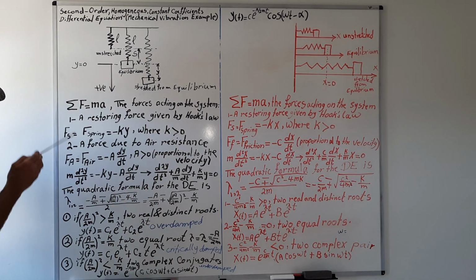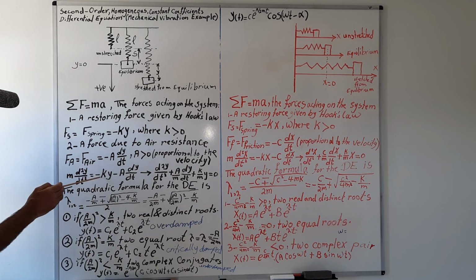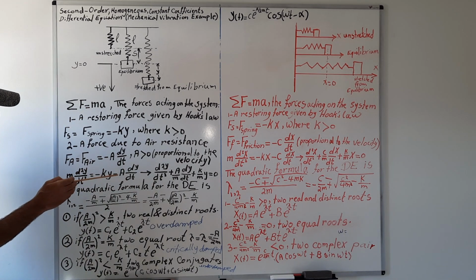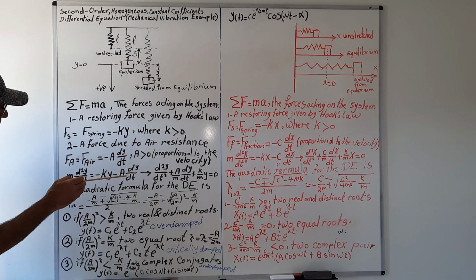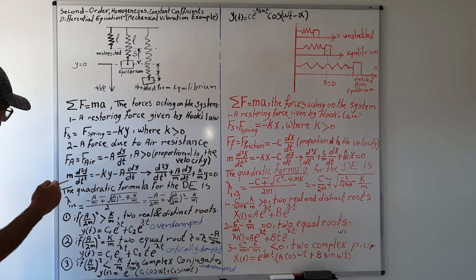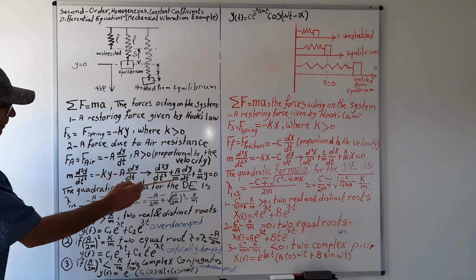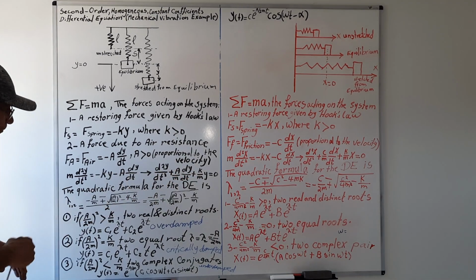So here is m times acceleration equal minus k y minus a dy over dt. And then we divide by m, and we get this differential equation.